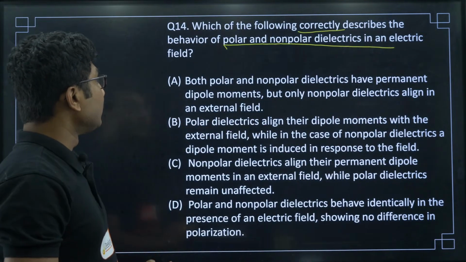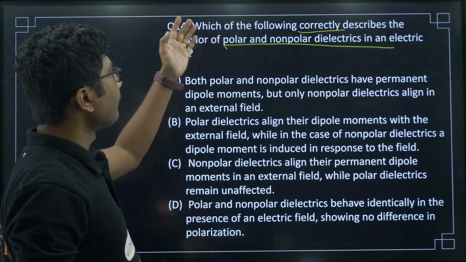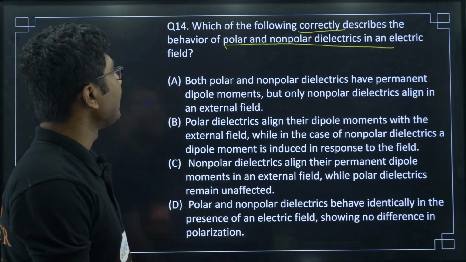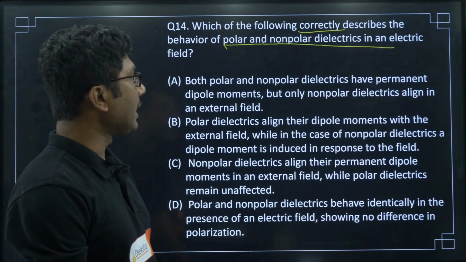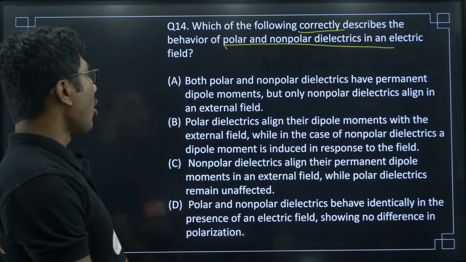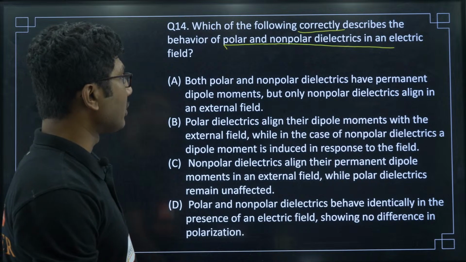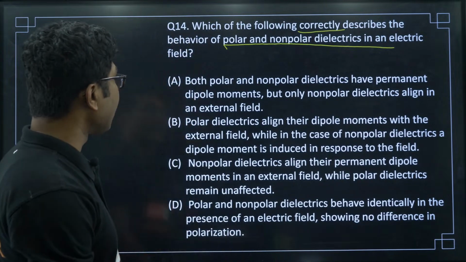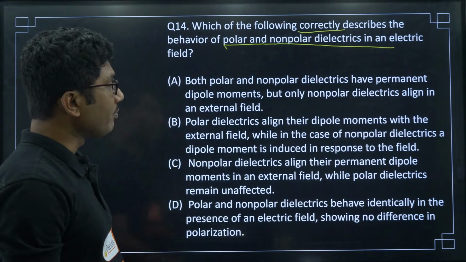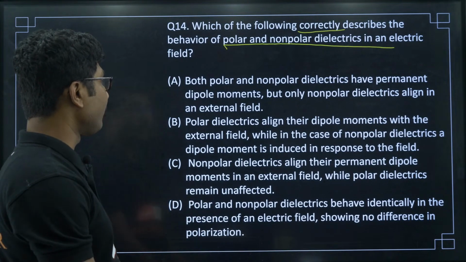Okay. So, the question is, which of the following correctly describes the behavior of polar and non-polar dielectrics in an electric field? Option A, both polar and non-polar dielectrics have permanent dipole moments, but only non-polar dielectrics align in the external field.